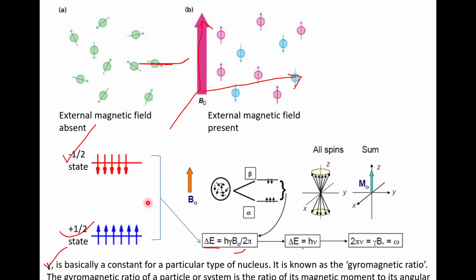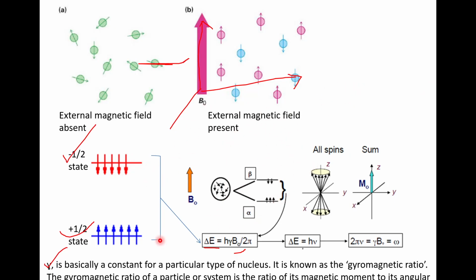But the gap, this energy barrier between these two, is very small, because the population difference between these two is very small. The energy is less, which means the wavelength is largest. This is why we actually use a radio frequency source.